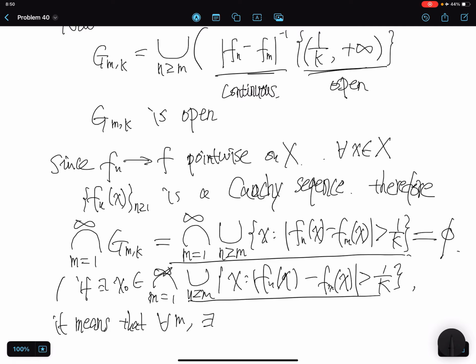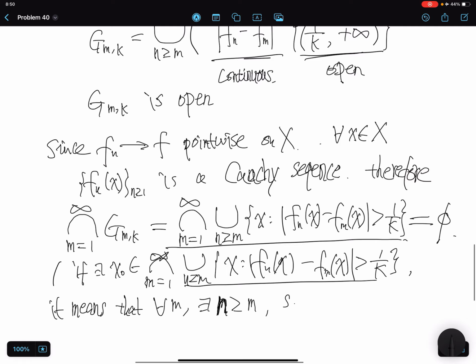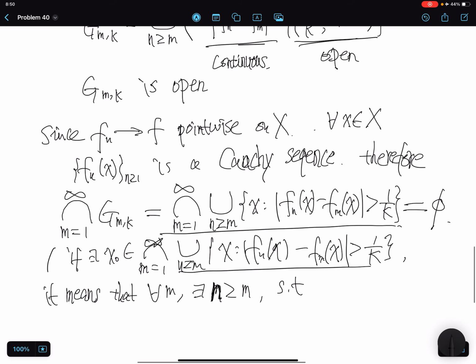So for all m, there exists some n greater than or equal to m such that |f_n(x_0) - f_m(x_0)| is greater than 1 over k, right? And then this cannot converge.